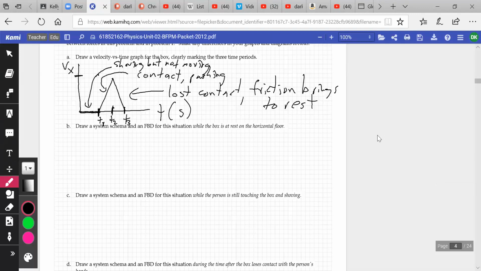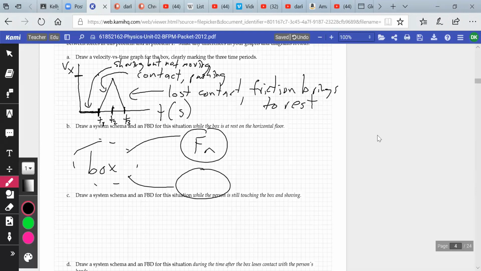Moving along, so let's do our system schemas. So the object in question is our box, dotted circle there, and then we have normal force in contact, and then we have the force of gravity. This is at rest, so we're just basically taking the stuff from question 1 and putting it all at once in question 2.